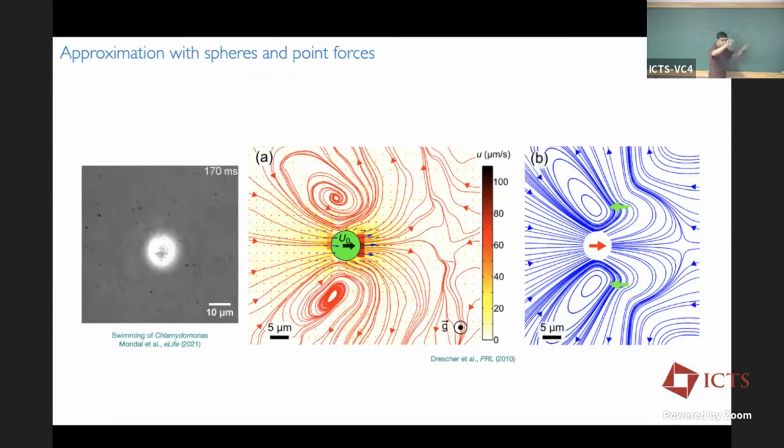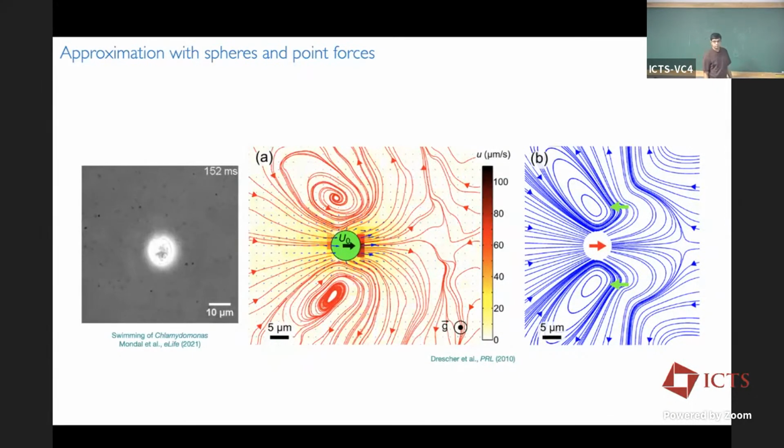I'm going to replace this whole complicated system, with flexible filaments, a rigid body moving through fluid, and hydrodynamic interactions, by just two point forces acting in this direction. And then a spherical body which doesn't do anything, it just creates a drag. This is what you're dragging, and this is moving in this direction.